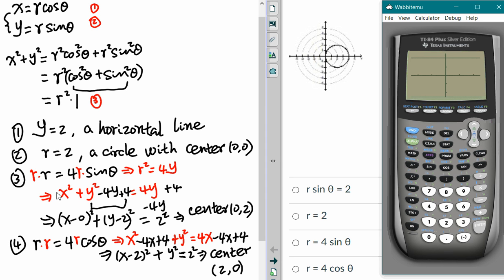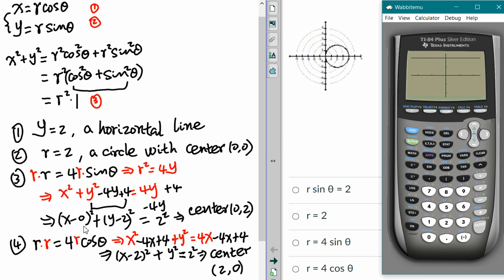Left-hand side, we have x squared, that's x minus 0 squared. And then the complete square is y minus 2 squared. If you FOIL this one out, you will get y squared minus 4y plus 4.